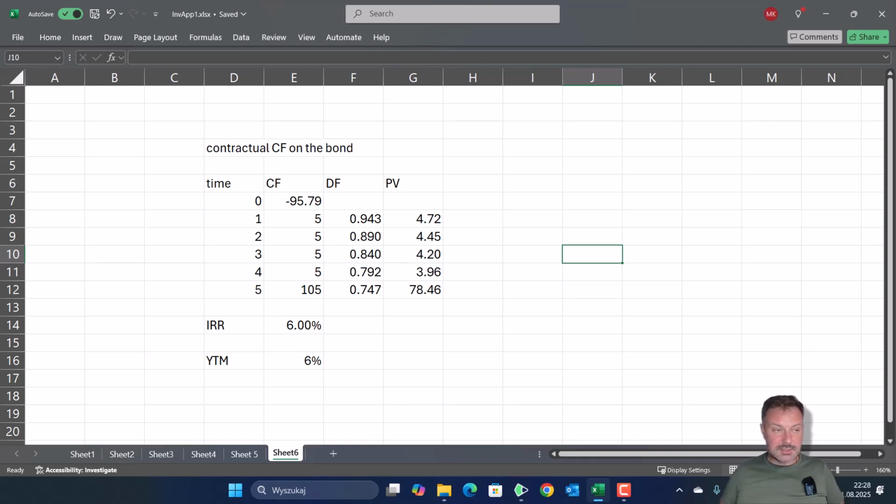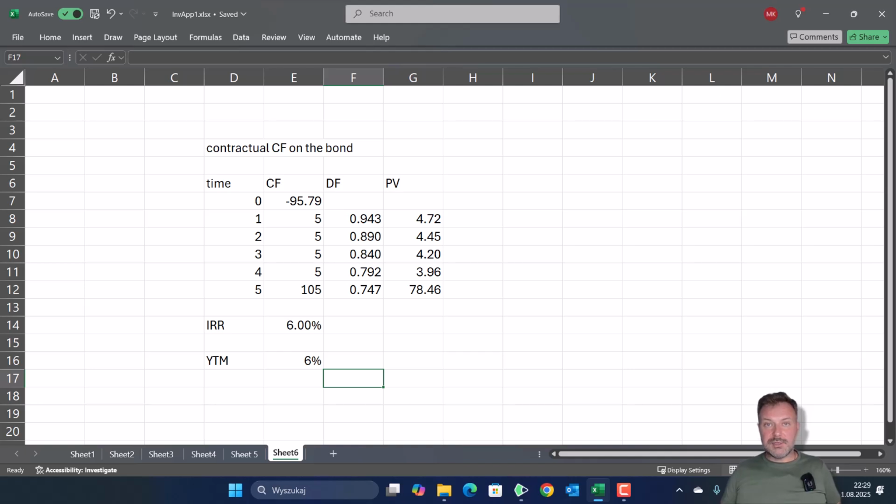One more thing, and the last thing I want to tell you about the yield to maturity on a bond. Why does the price on the bond go down from 100 to 95.79? Well, it is because the conditions in the marketplace change and the required rate of return of the investor is going up.